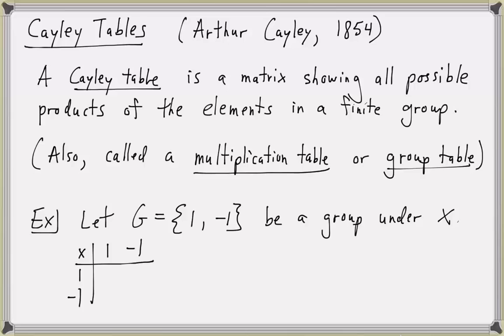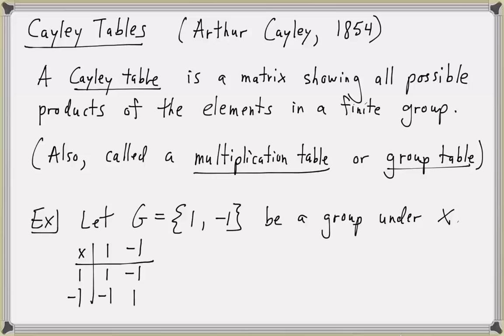And so we give all the possible products. Well, 1 times 1 would be 1. 1 times -1 would be -1. -1 times 1 is -1, and -1 times -1 is 1. So this is the Cayley table for this group. So again, it lists all the possible products of elements in this group.